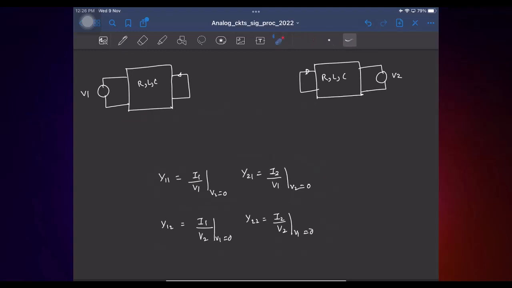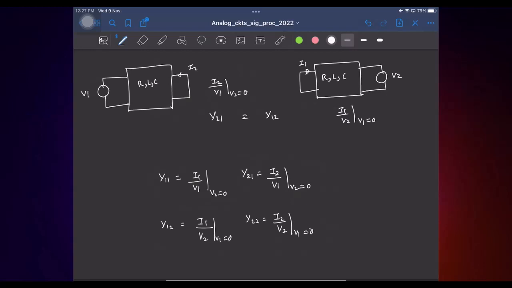So what is this? This is basically I2 by V1 when V2 is 0. What parameter is this? Y21, right? And this guy is what? I am finding the current here, I1 by V2, that's Y12. Okay, so these two are equal.